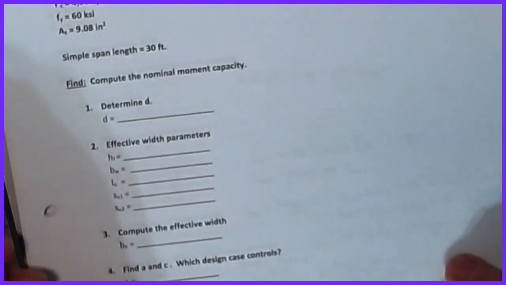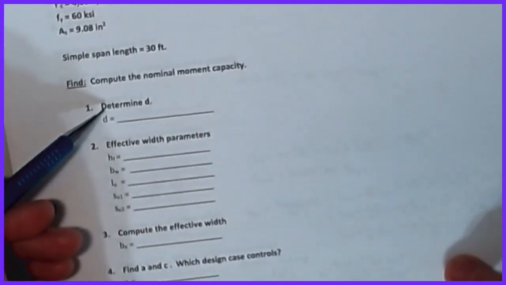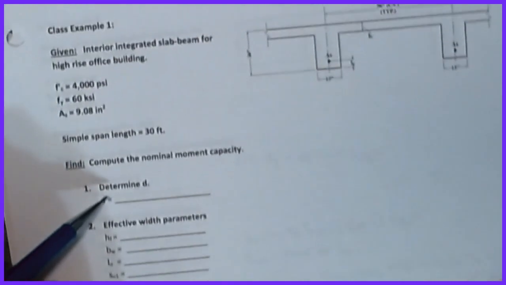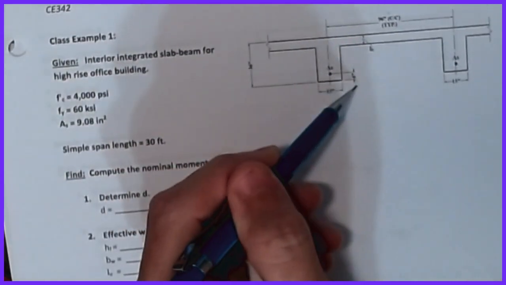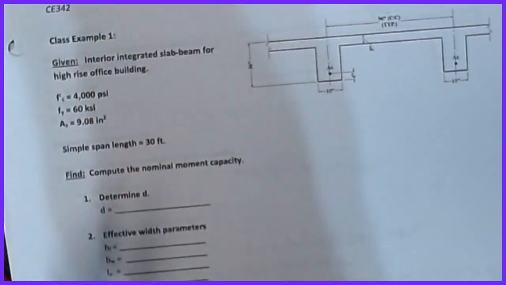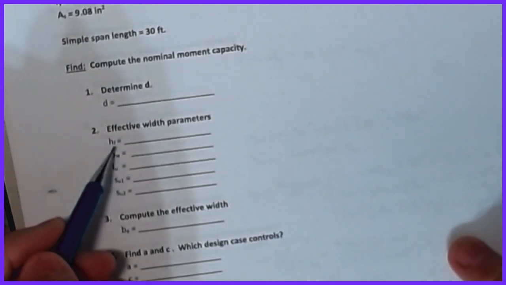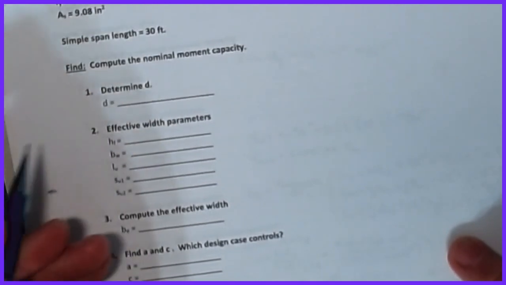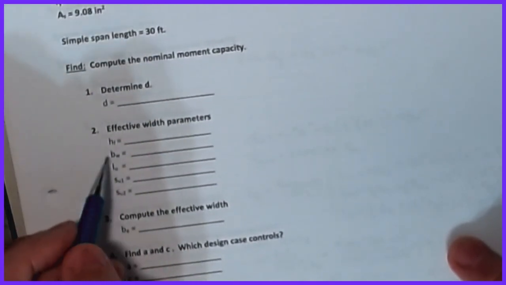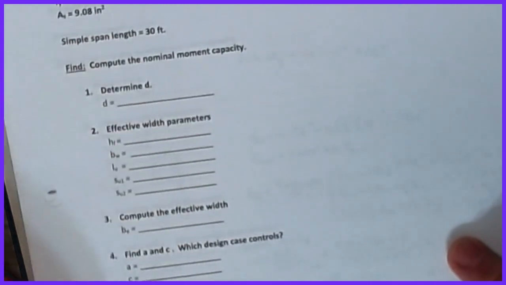Basically the procedure is you're going to determine the depth, and again, that comes off of the cover requirements or off of the detail drawings. In this case, I gave you a cover and a depth of member. Then the parameters that you need to compute the effective width are as follows. I need hf, which is the height of the flange, including the slab. bw is the width of the stem.